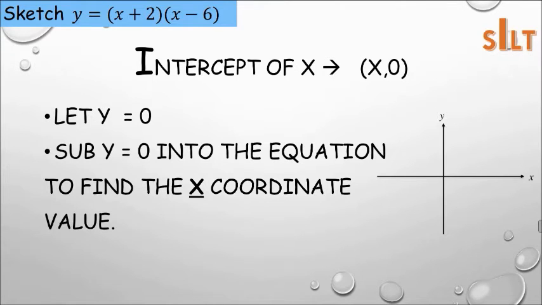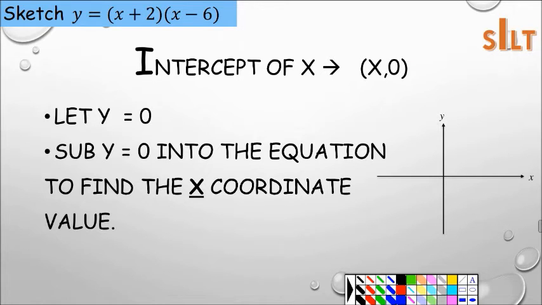Next, we want to know where the curve cuts the x-axis. So for the x-axis, we know that the point is x comma 0. So I will substitute y equals 0. When I put y equals 0 in this example, I will have x plus 2, x minus 6 equals 0.